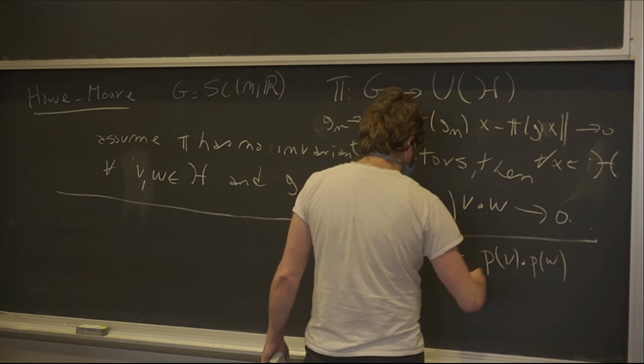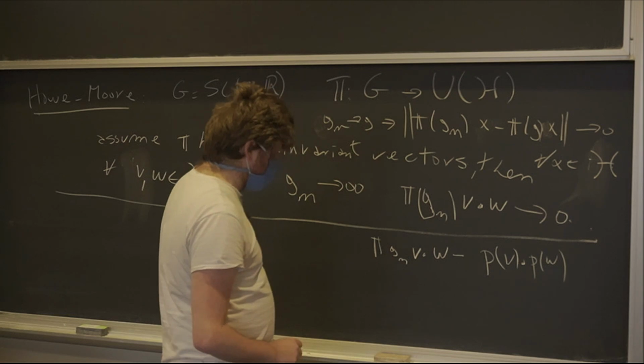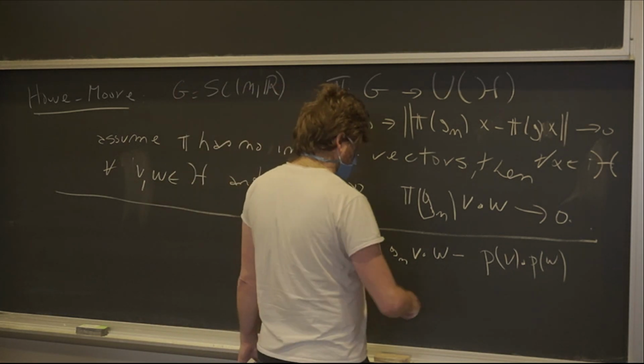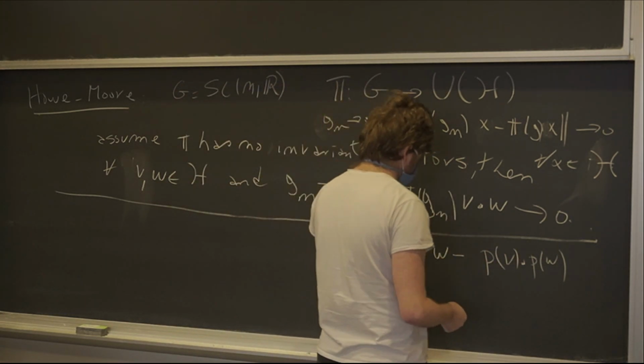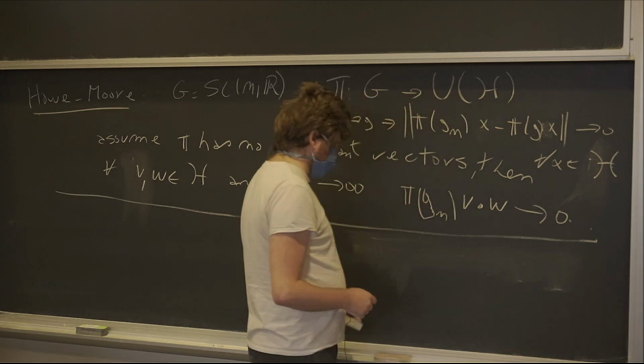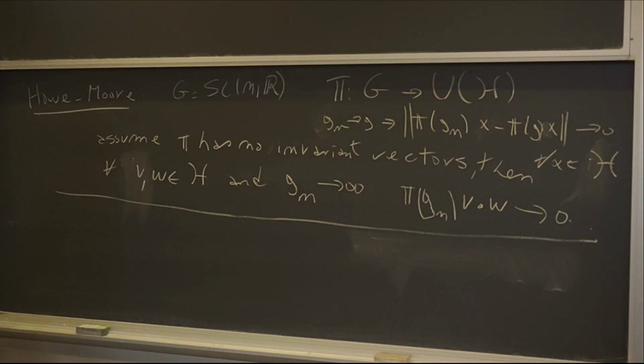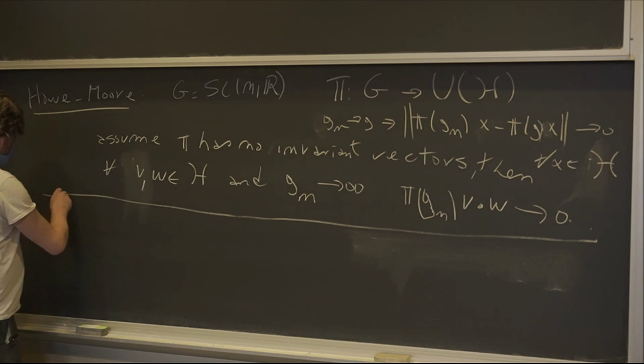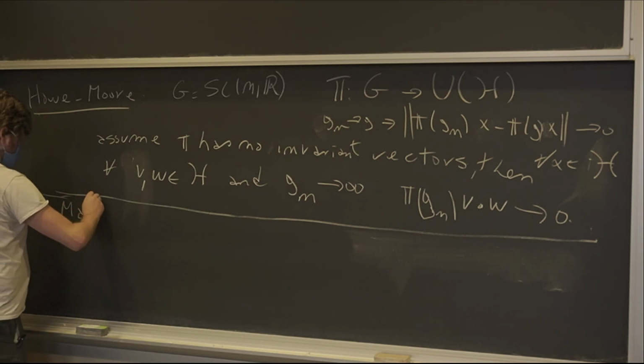This goes to 0. Something like that. Okay? Where projection is projection onto invariant vectors. Anyway. So the proof goes, the first step is the mountain phenomenon.